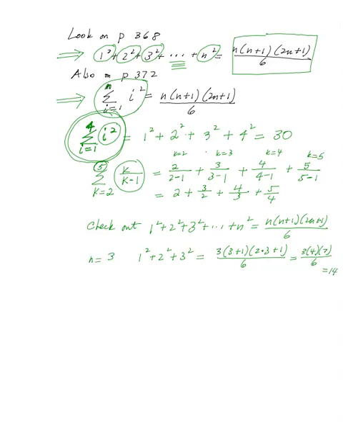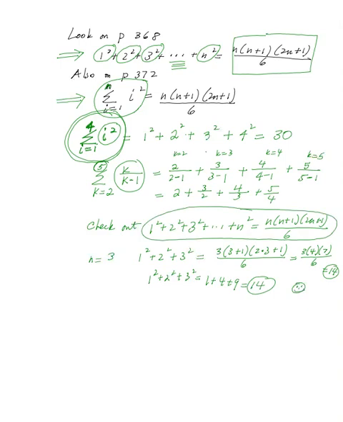Because 3 times 4 is 12, 12 divided by 6 is 2, 2 times 7 is 14. Now, what is 1 squared plus 2 squared plus 3 squared? It's 1 plus 4 plus 9. Hey, that's 13 plus 1 or 14. These are the same. This formula is working if n is 3.